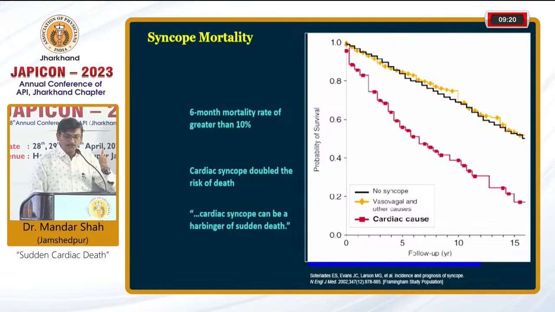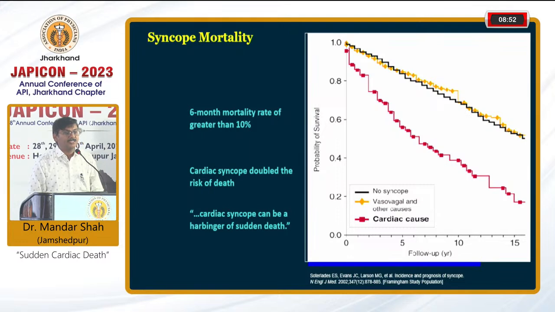So, as you can see, if a patient has vasovagal or other benign cause of syncope, and if a patient has no syncope, long-term survival is practically the same. So for vasovagal syncope and a patient without syncope, there is no change in mortality, there is no change in long-term survival. But with a cardiac cause of syncope, there is a significant rise in mortality, significantly less survival as time passes.